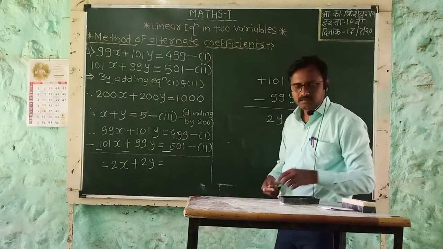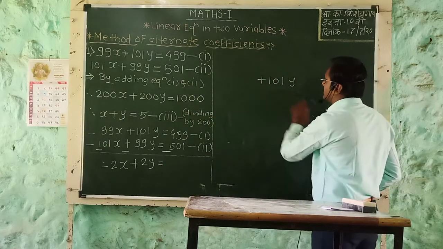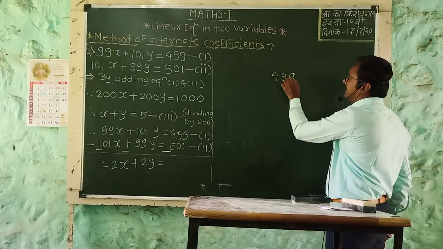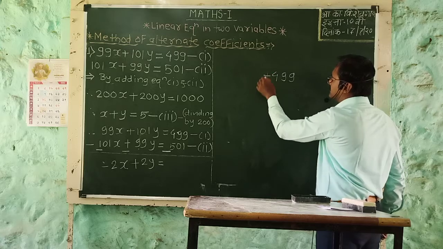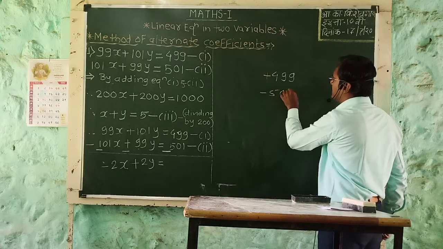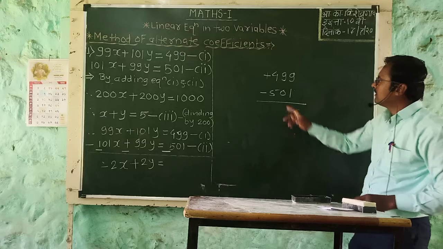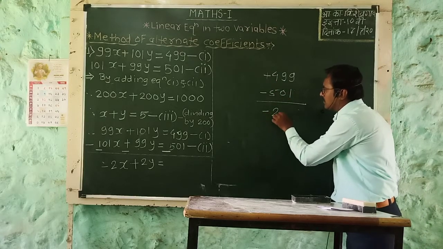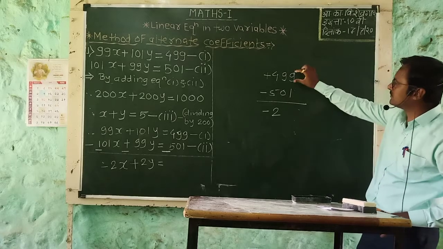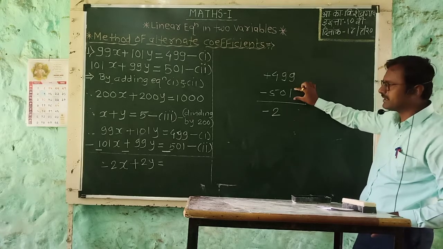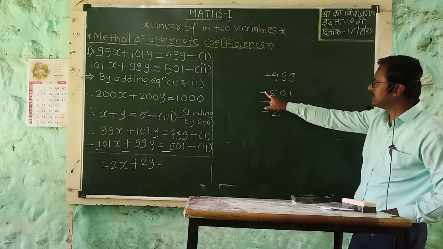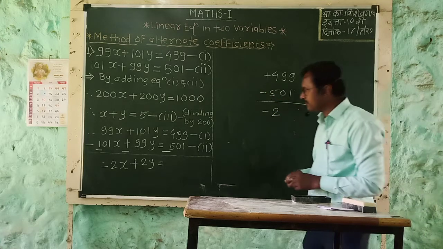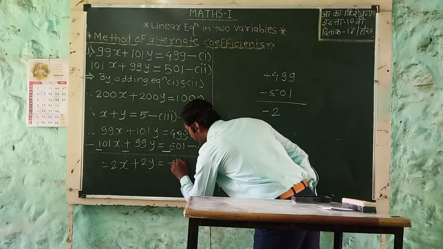For the constant terms, you have 499 minus 501, which gives minus 2. I subtract the smaller value from the greater, and use the sign of the greater value.